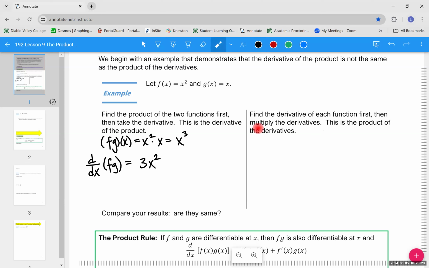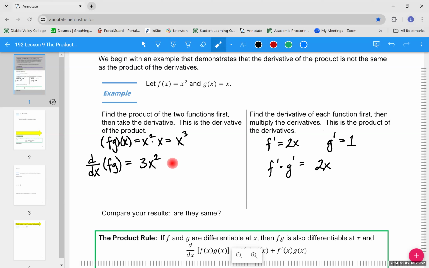Now on the other side, we're going to find the derivative of each function first. So we're going to do f prime and g prime. F prime will be 2x and g prime will just be 1. And then we're going to multiply those two derivatives together. So f prime times g prime, which will just be 2x.